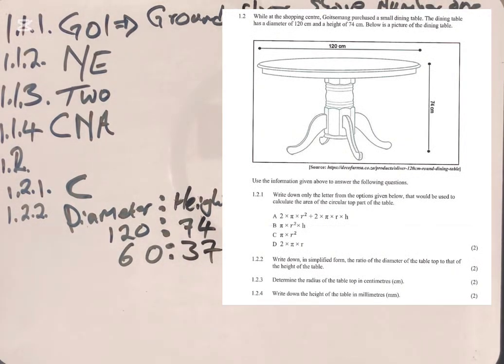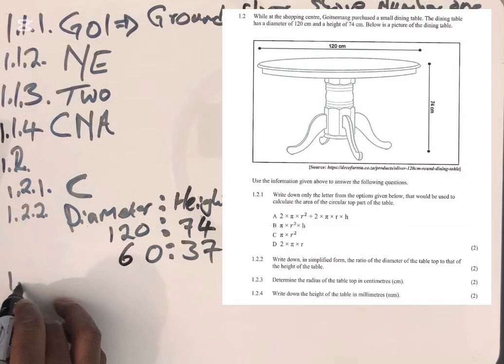So this is a simplified format. 60 is to 37. You should not change this pattern. You cannot start by height to diameter. The question wants you to write the ratio of diameter to height. You should not forget that.